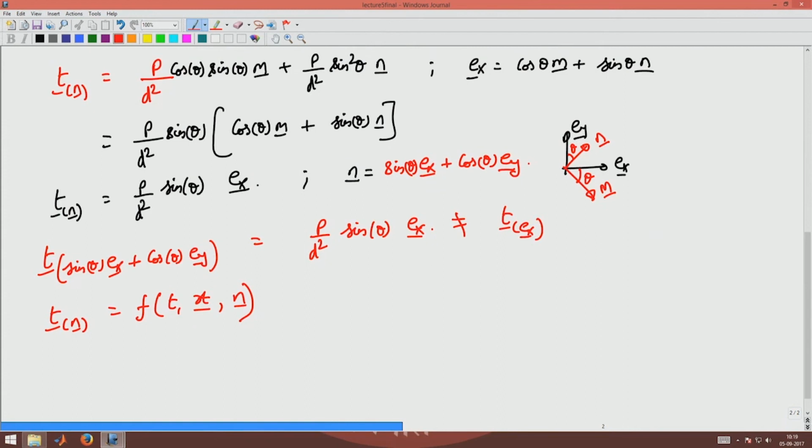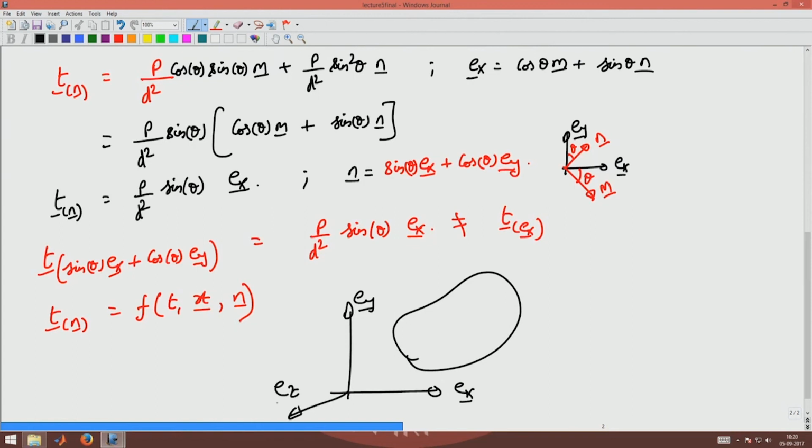That is, if I have a body, and say I have a coordinate system Ex, Ey, Ez, and I have this point in the body whose position vector is x, it depends upon that, and not only that, it depends upon how you cut the body also, whether I cut it like this or whether I cut it like this.